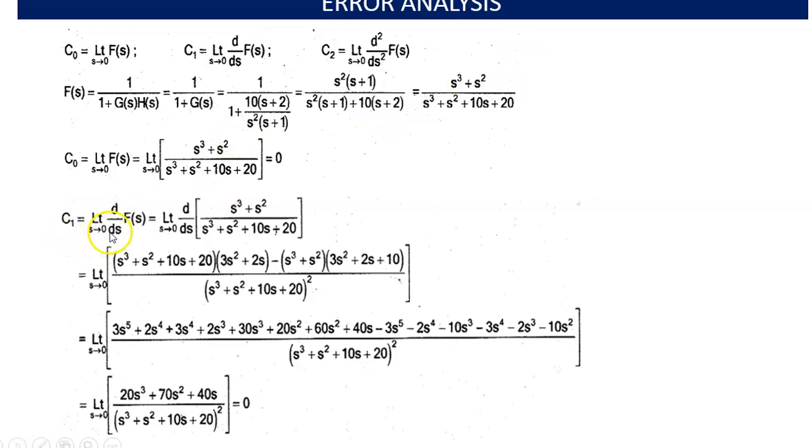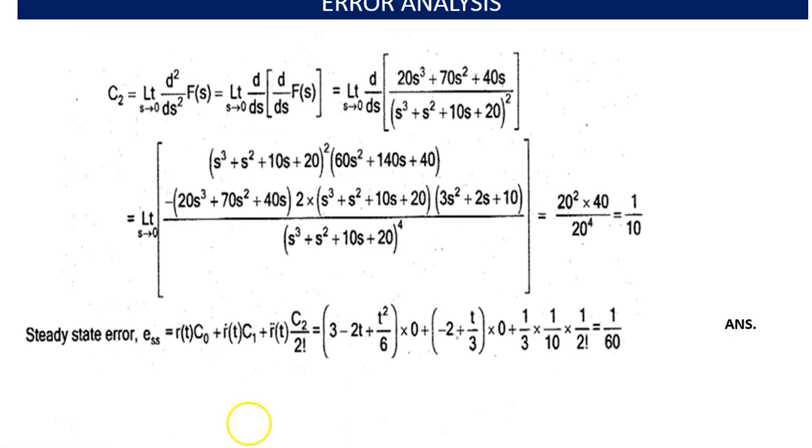Similarly, C1. C1 is equal to limit s tends to 0 d by ds of f(s). So here we have to take the differential of this quotient, that is v into differential of the first minus u into differential of the second divided by v squared. Apply the formula, simplify, and you will get C1 is equal to 0. Then C2 is equal to limit s tends to 0 d squared by ds squared f(s).